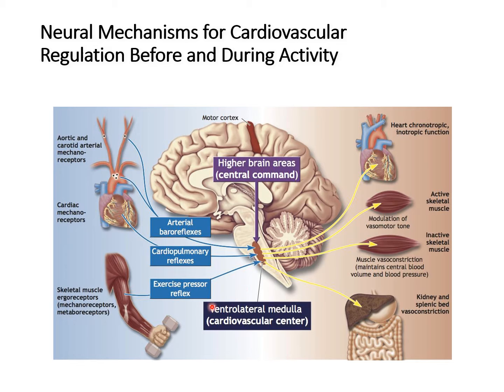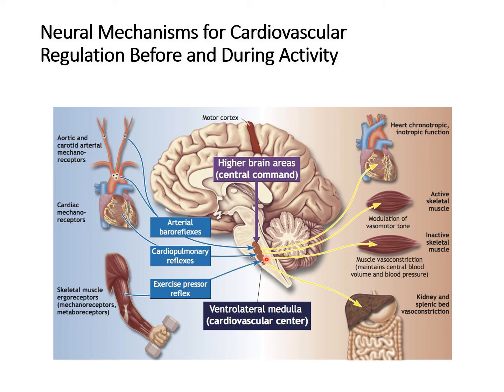Okay. Again, you also have these other receptors. So you have skeletal muscle ergoreceptors or mechanoreceptors that cause this reflex that's sent to the ventrolateral medulla. You have these cardiac mechanoreceptors. So this is all this neurological tissue we just talked about on the last slide that causes these baroreflexes and the cardiopulmonary reflexes.